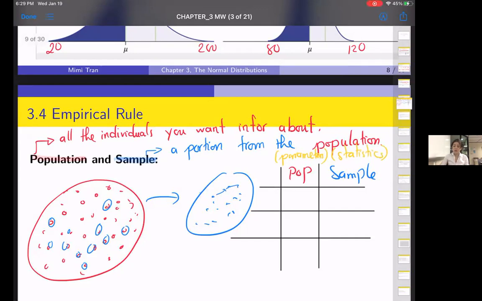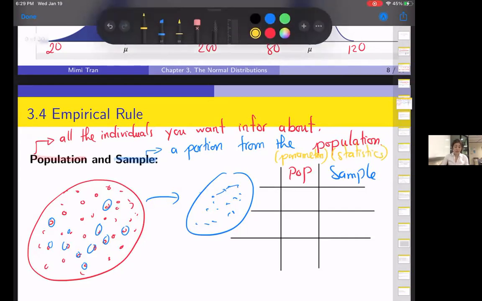So what are the parameters of a population? So far we have the mean, variance, and standard deviation. Can anyone remind me what the notation for the population mean is? Mu. Thank you, Sean. Mu.